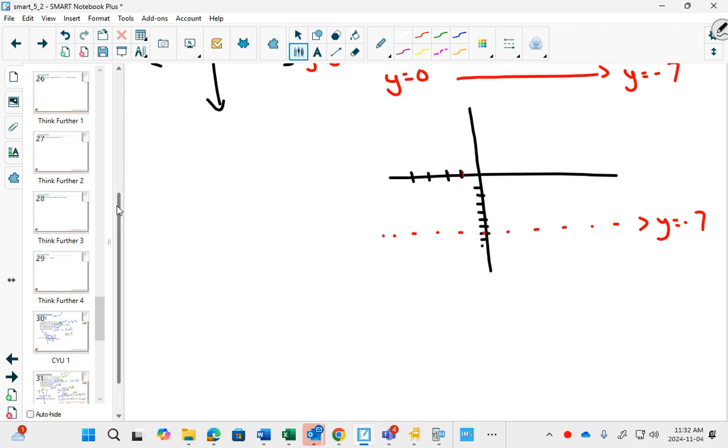What's that? 8, 9, 10, 11, 18, 19, 20, 21, 22. I probably should have just gone by 5s. Life would have been easier. So I have -4, -12. Label that point. And -3.5, -22.